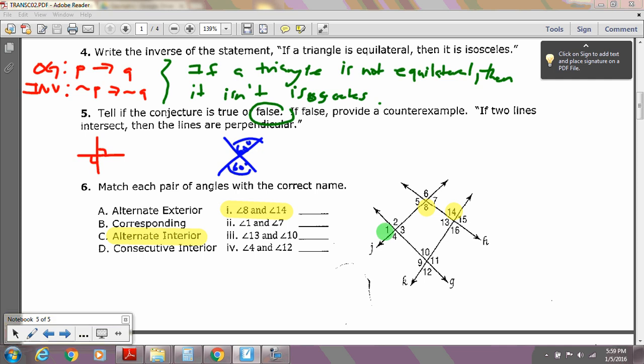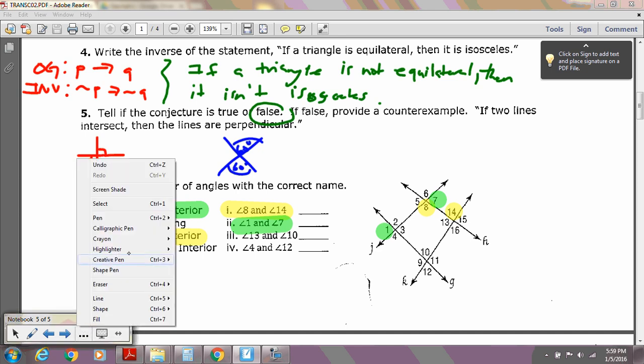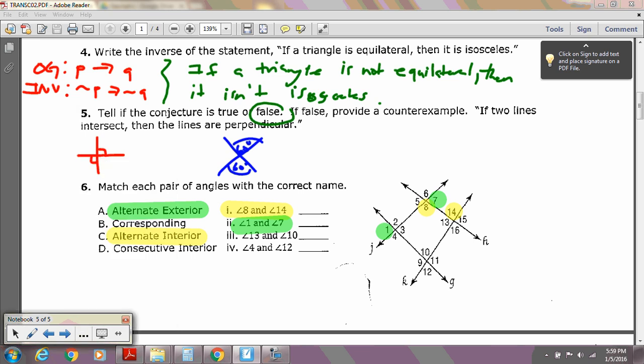Alright, 1 and 7 are also on alternating sides, but they're both outside the 2 lines. So they're considered exterior, so alternate exterior. 13 and 10 are both interior angles, and they're on the same side.